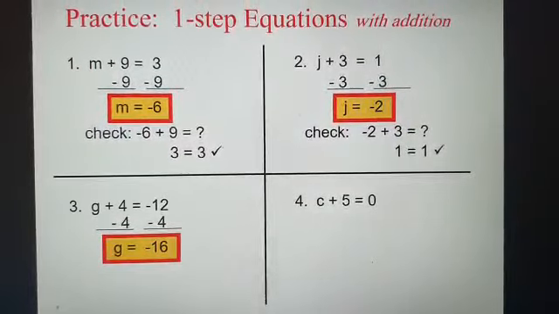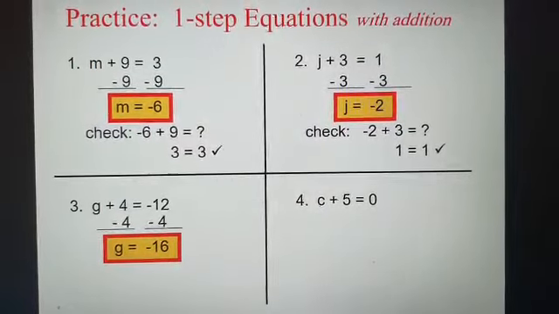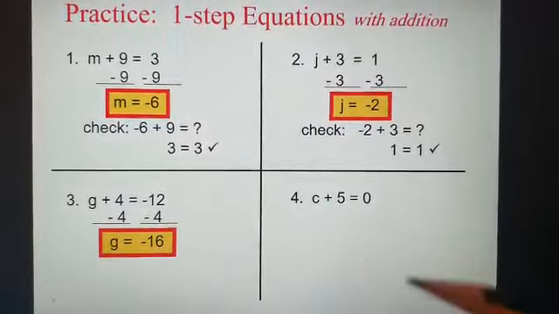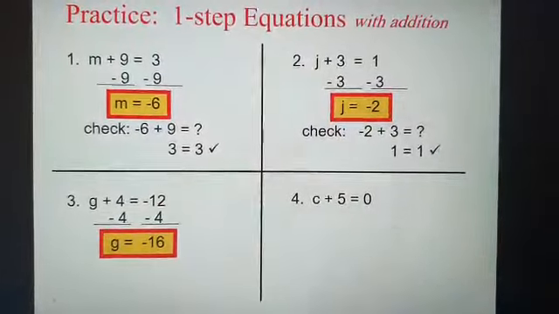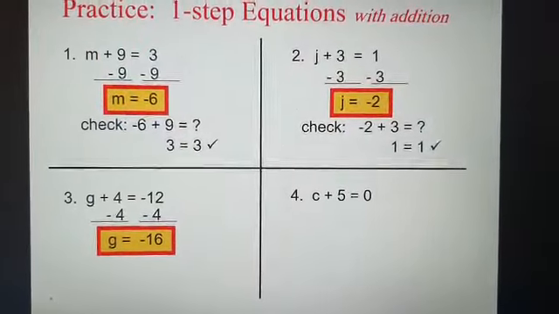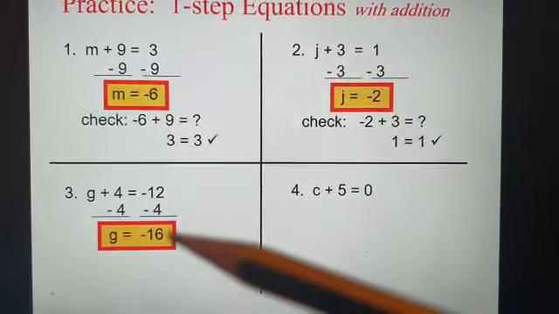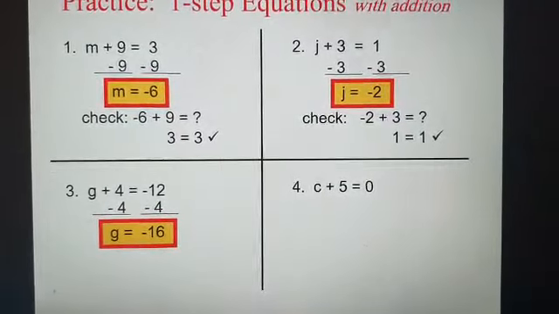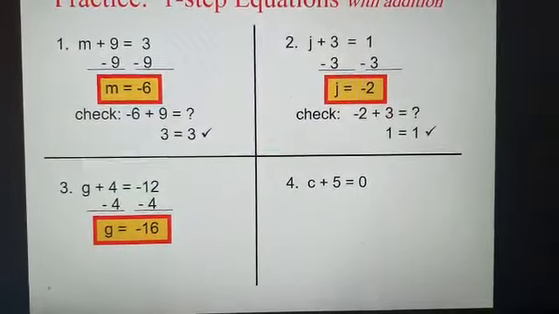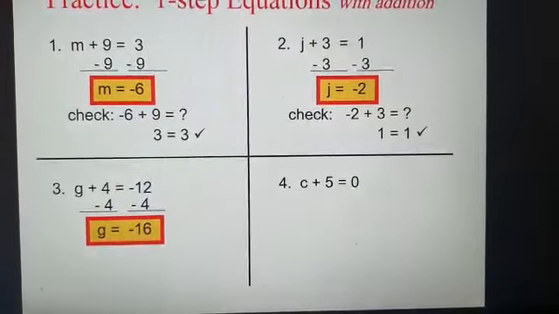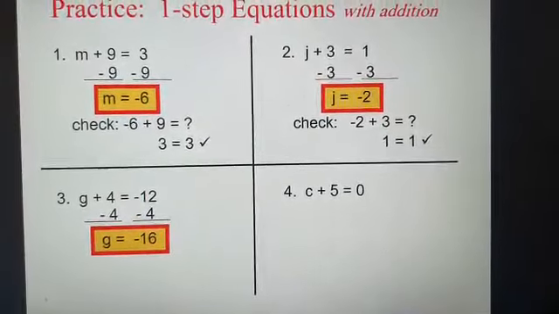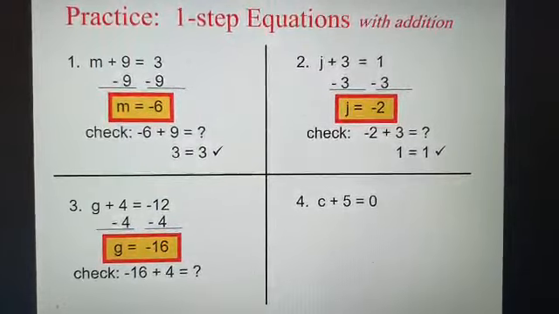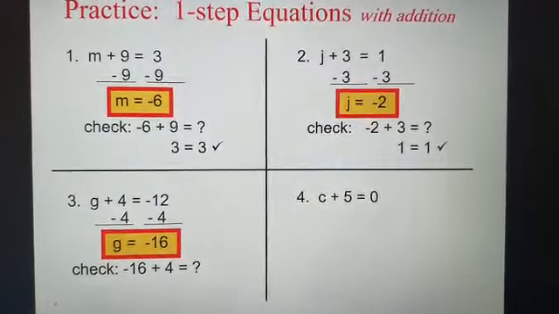Now, after we solve, we have to check whether our answer is correct or not. Where will we check? We will check in the main equation. We will substitute the value of g. We will remove g and substitute negative 16. So negative 16 plus 4 equals what?